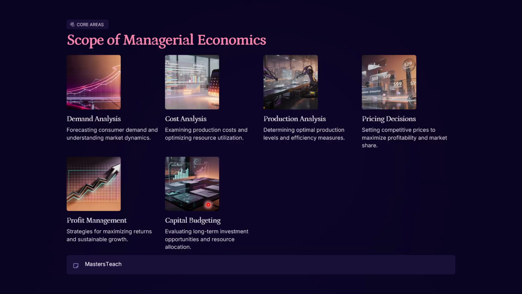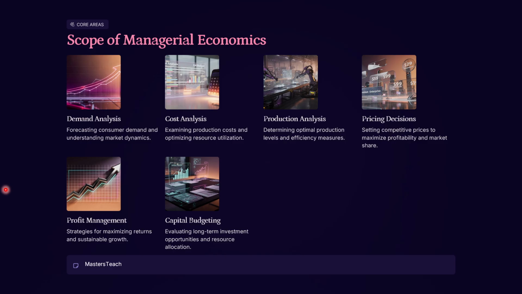The scope of managerial economics includes demand analysis, cost analysis, production analysis, pricing decisions, profit management, and capital budgeting. When they ask about the scope, you have to write demand analysis, which forecasts consumer demand and helps understand market dynamics.